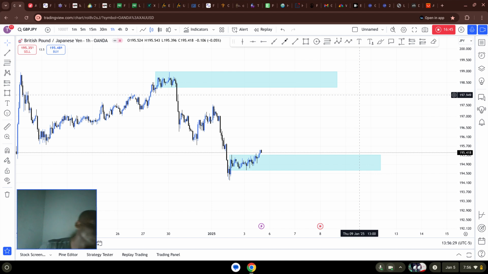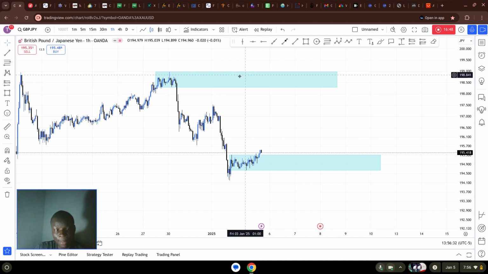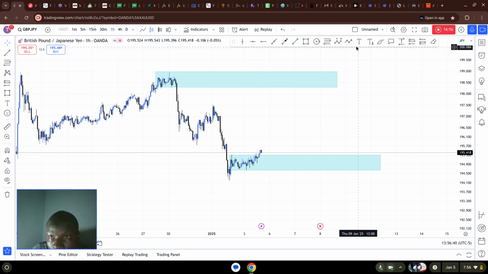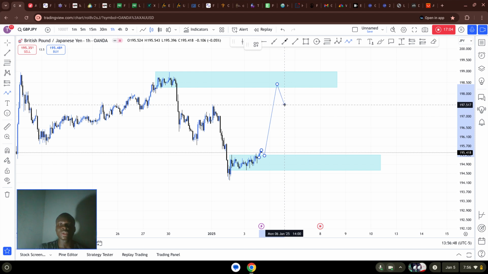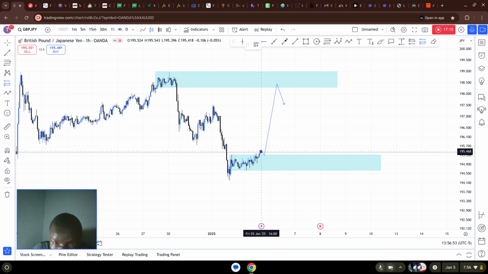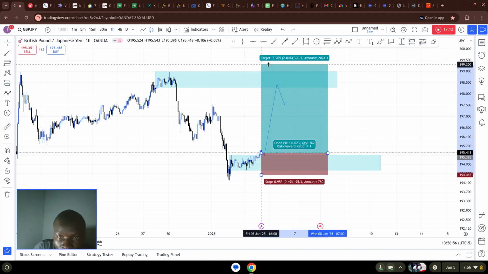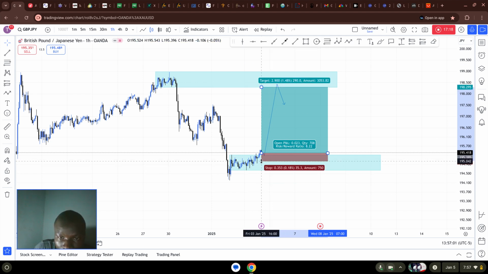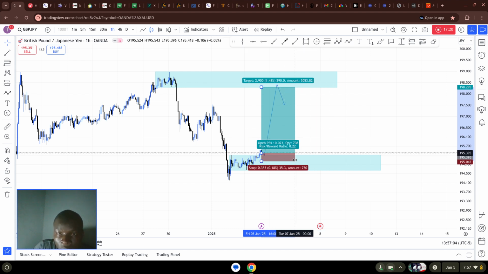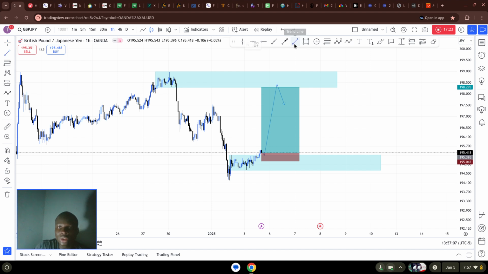Consolidation, breakouts, retest, continuation to the upper side. Retest. So this is the analysis we have. It's going to be a trend.